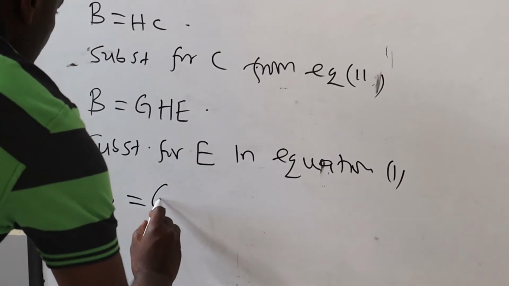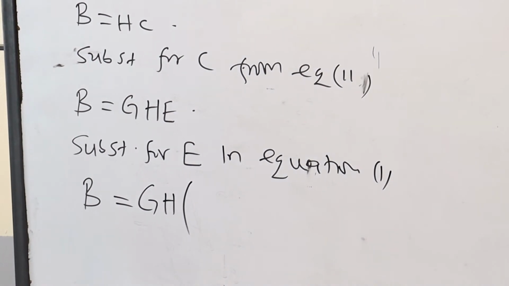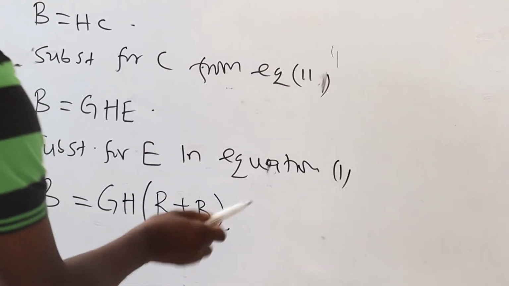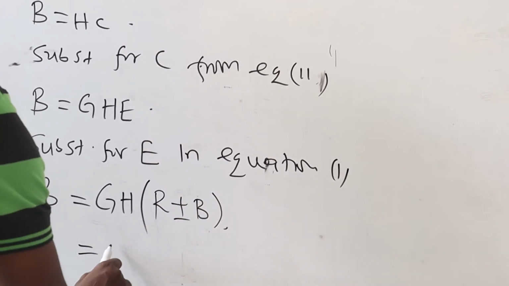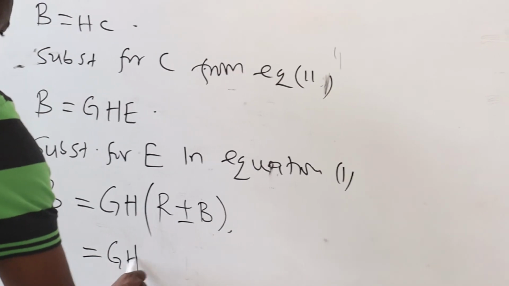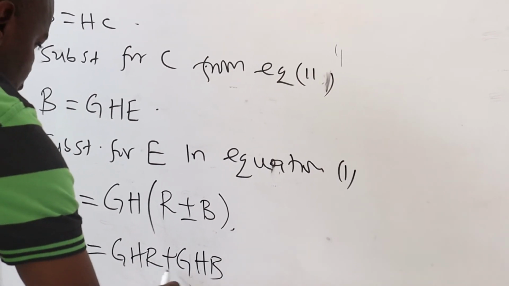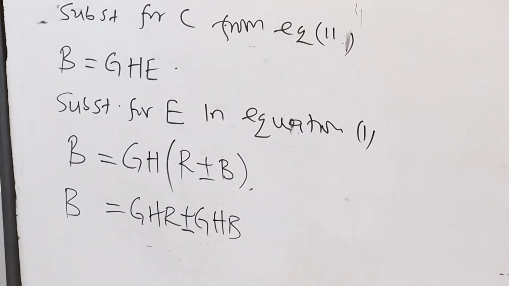GH into R plus or minus B, of which if you open that, then B is going to be GHR plus or minus GHB. And then we want to make B over R the subject.